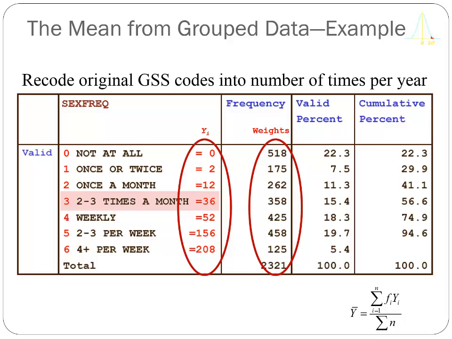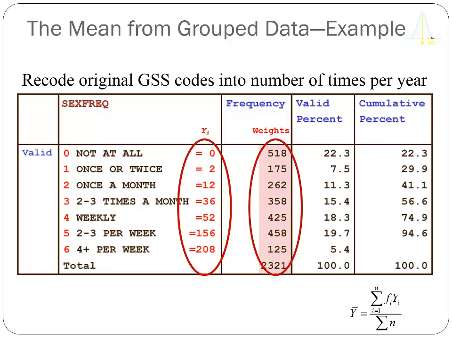These people believe that they had sex on average 2 to 3 times a month. Is it 2? Is it 3? Is it 2.5? I'm going to select the value 3, at the upper limit of that response. And anybody who responded 3, meaning 2 to 3 times per month, will now be coded 36. So those values, the 0, 2, 12, 36, and so forth, are my new recoded values, and those are the things that I'd like to average.